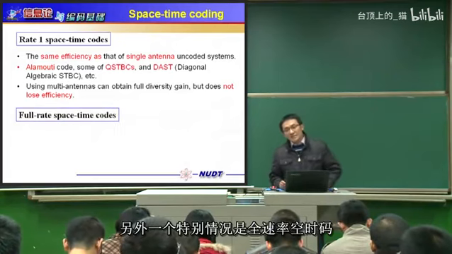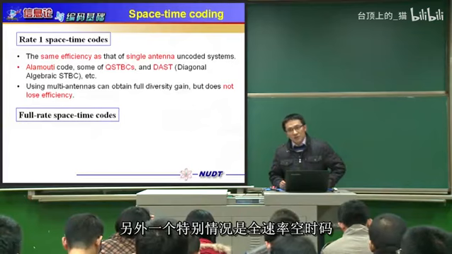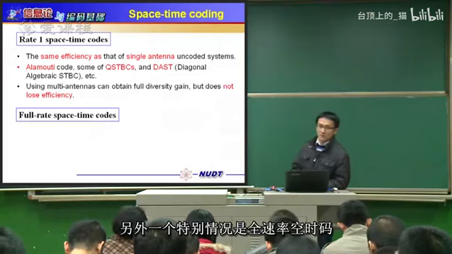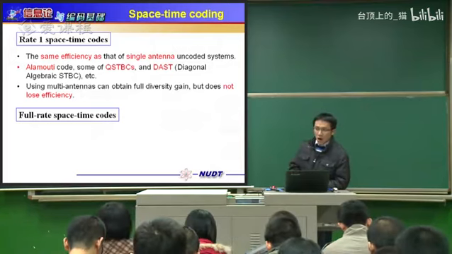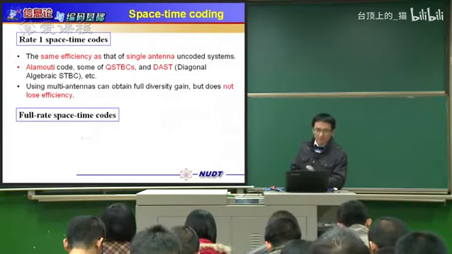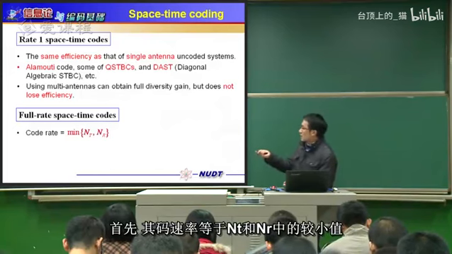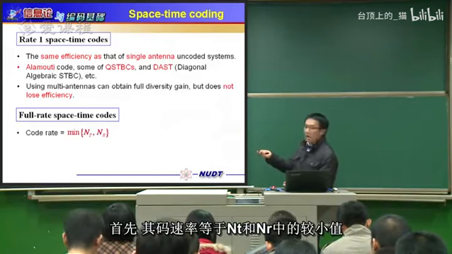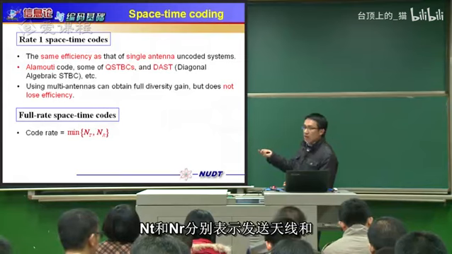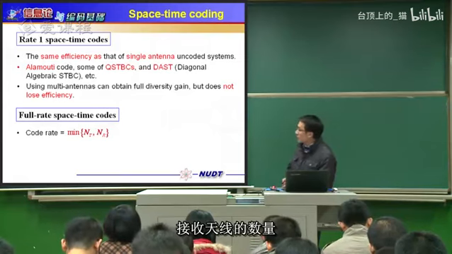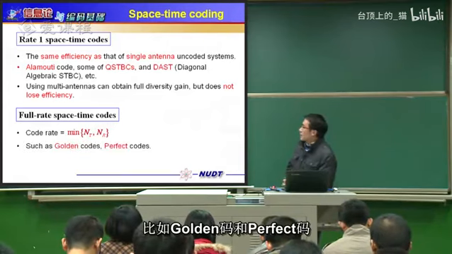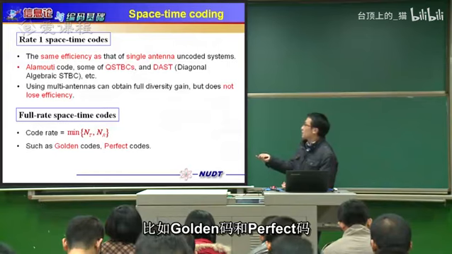And another special code rate is the full-rate space-time codes. What does full rate mean? The full rate is the minimum of NT and NR, which denote the number of transmit antennas and receive antennas respectively. Such as the golden code and the perfect code.